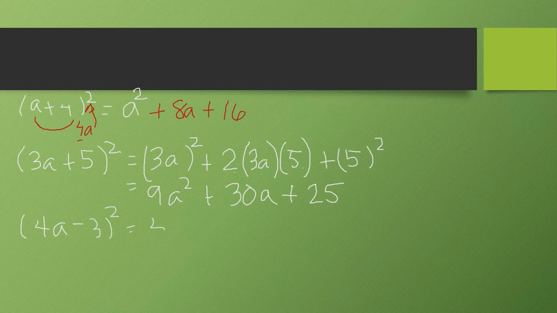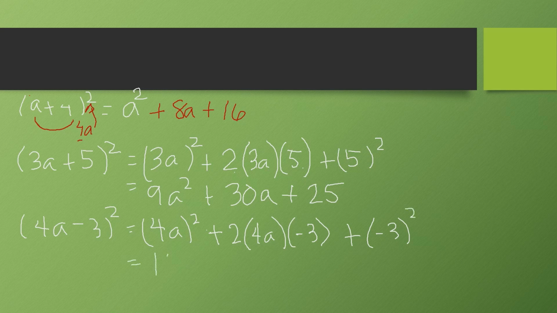Square the first term, that is 4a. Then, let us put plus twice the product of 4a and negative 3, plus the square of negative 3. 4 times 4 is 16a squared. Then let us see what the sign is.